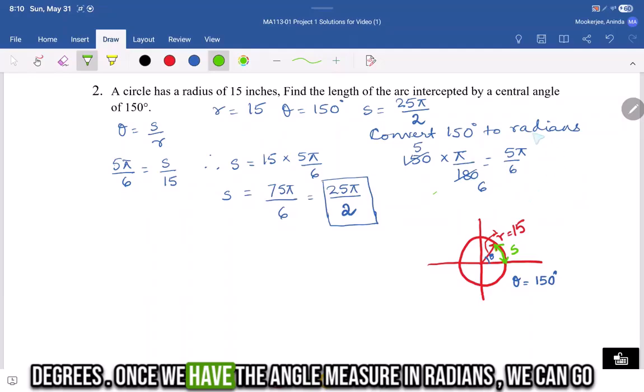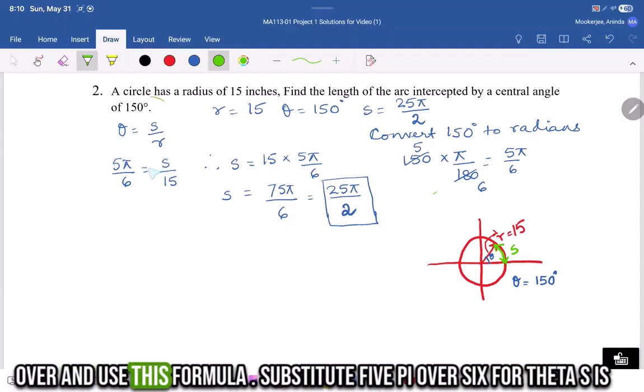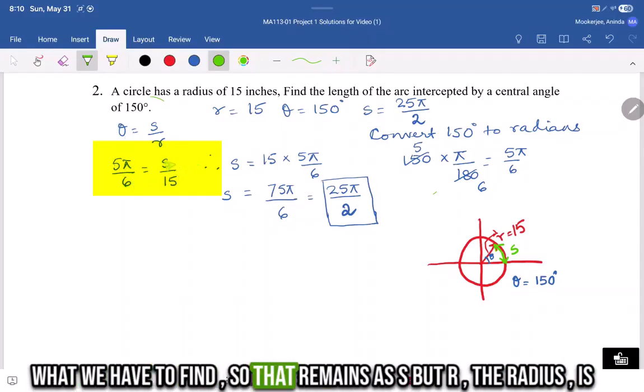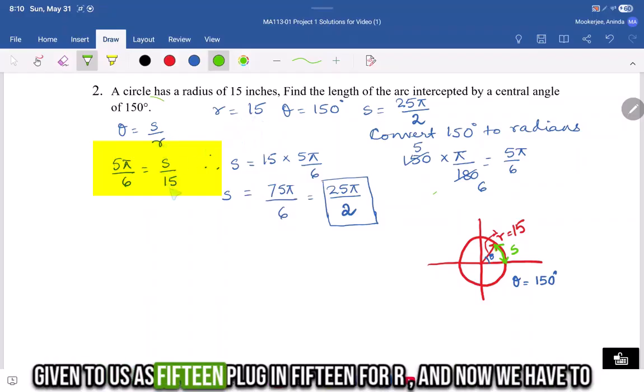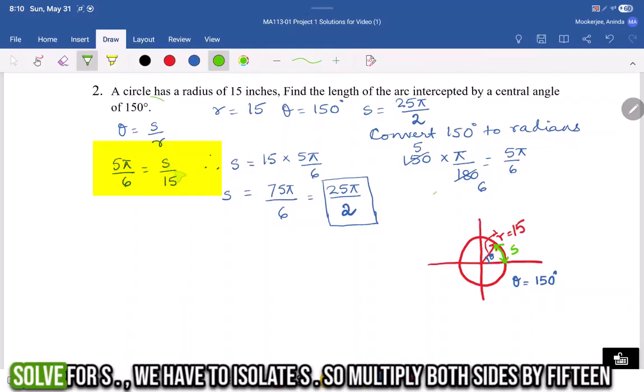Once we have the angle measure in radians, we can go over and use this formula. Substitute 5 pi over 6 for theta. S is what we have to find, so that remains as S. But R, the radius, is given to us as 15. Plug in 15 for R, and now we have to solve for S.